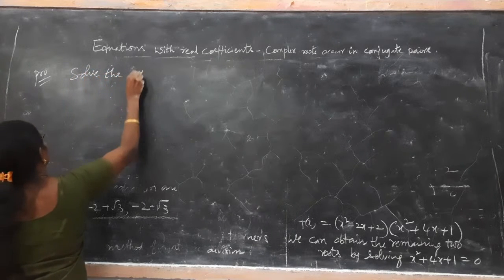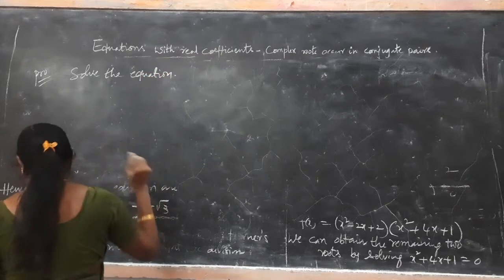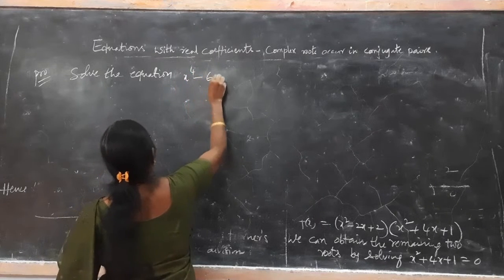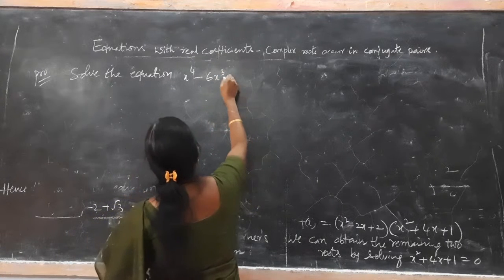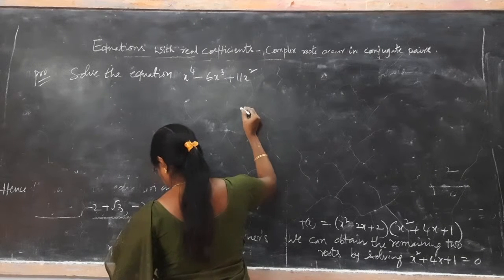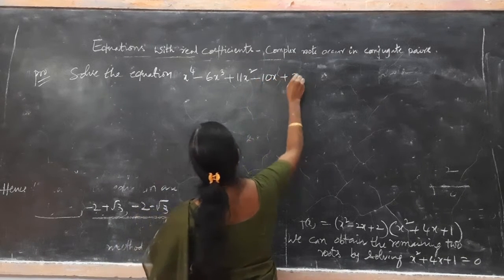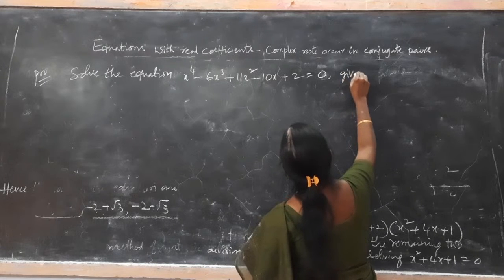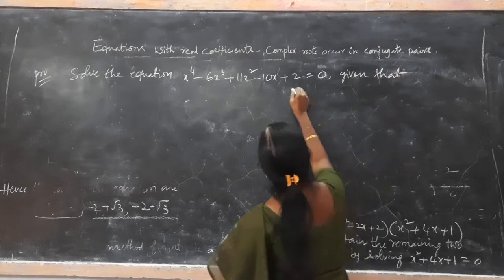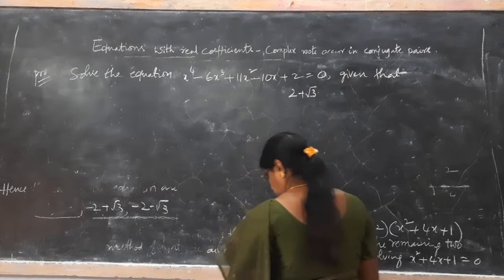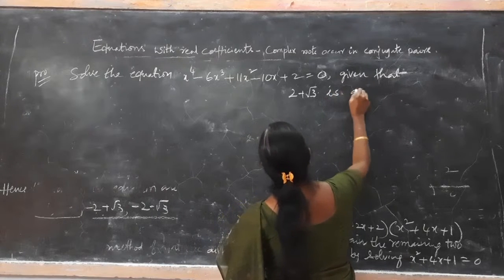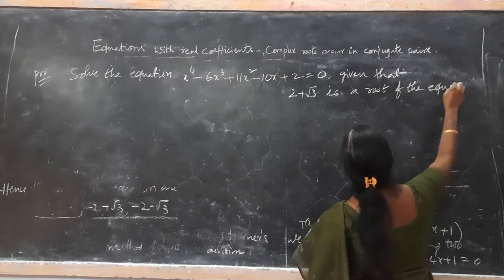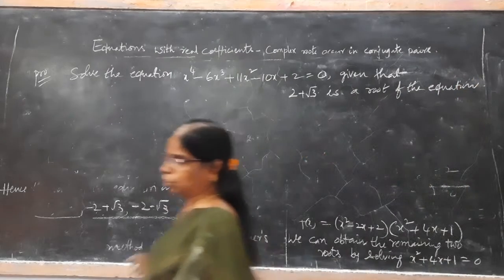Solve the equation. Another problem. Solve the equation x power 4 minus 6x cube plus 11x square minus 10x plus 2 is equal to 0, given that 2 plus root 3 is a root of the equation.